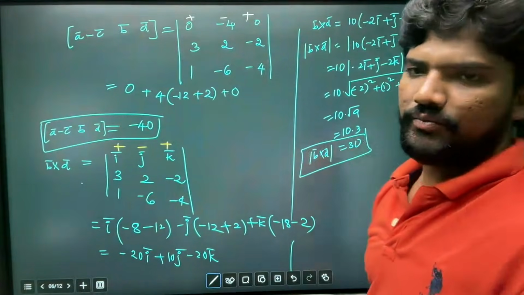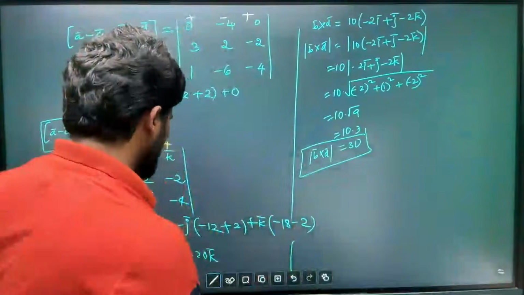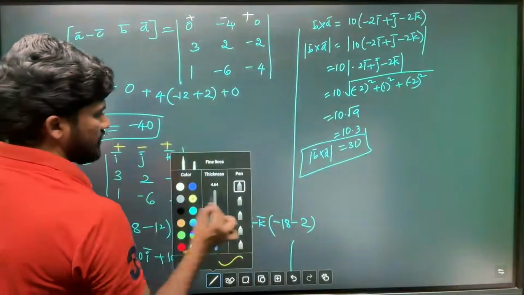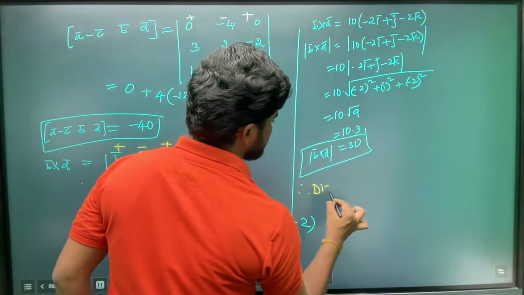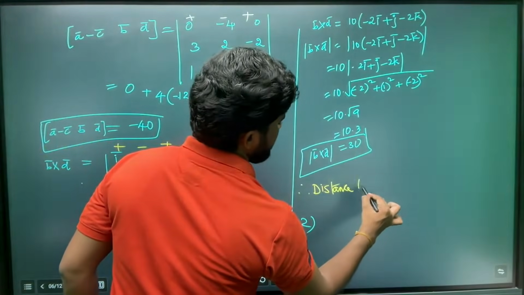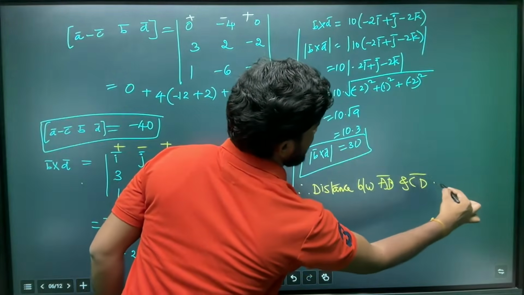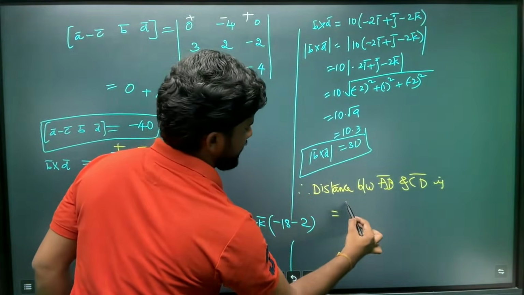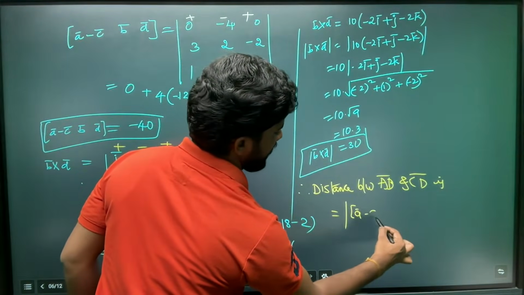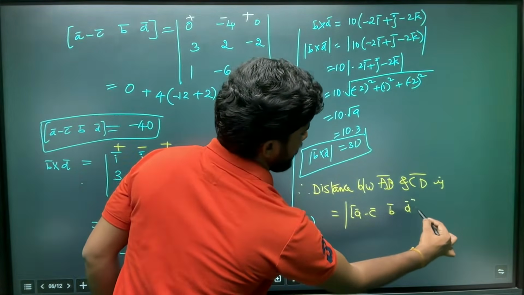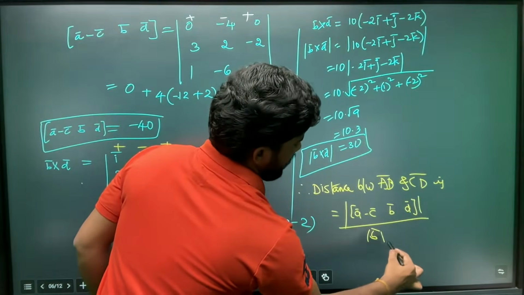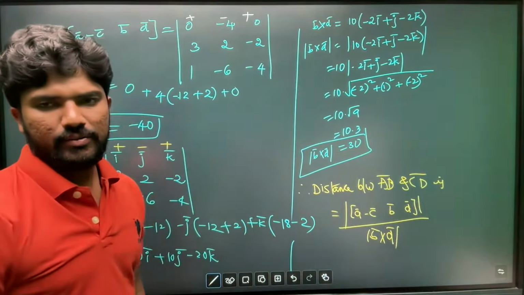So now finally, the shortest distance between ab bar and cd bar is, what is the formula? Same: modulus of box of a bar minus c bar, b bar, d bar, and mod b bar cross d bar. Substitute the values.